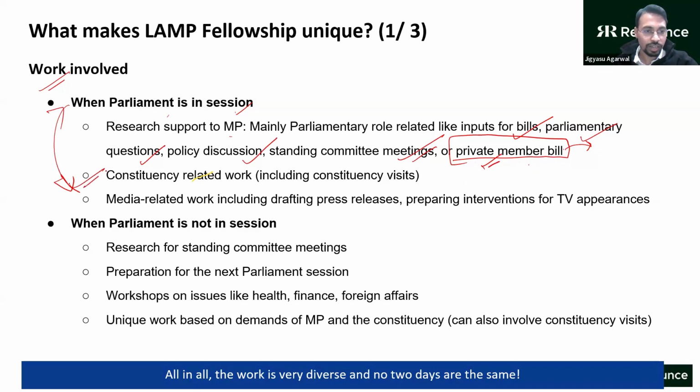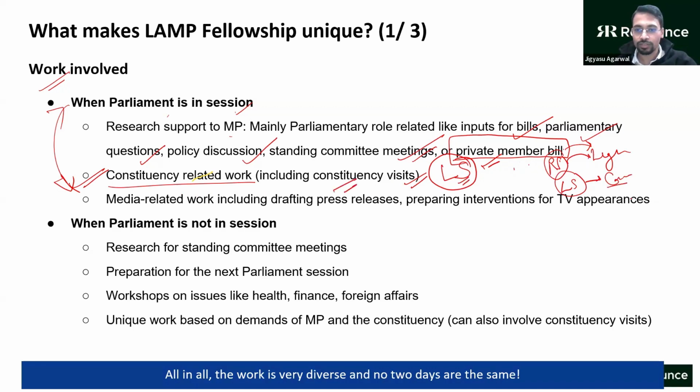And then you will get an opportunity to do some constituency related work, including some visits to the constituency. This is more prominent when you are working with a Lok Sabha MP. In Rajya Sabha, the work is more inclined towards legislature, but for a Lok Sabha MP, it is more inclined towards constituency. So you may get these chances when you are working with them.